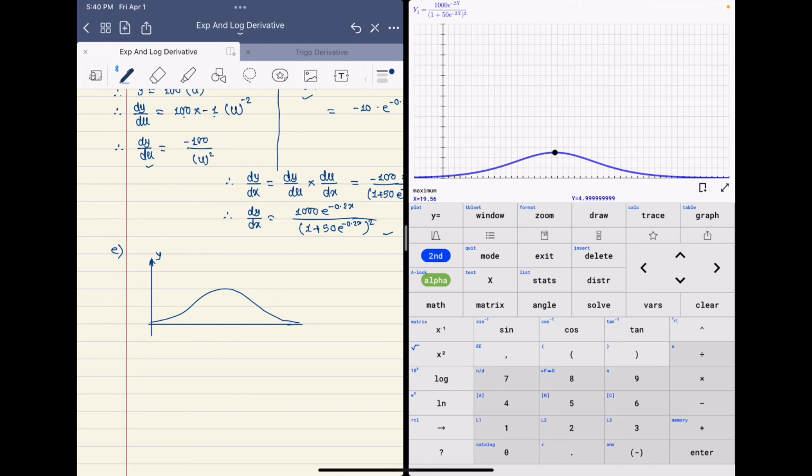Label the axes y, x, and the maximum point is 19.56 comma 5. But our question is the maximum rate of change, so the answer should be: when x is equal to 19.56, the maximum rate of change is 5.